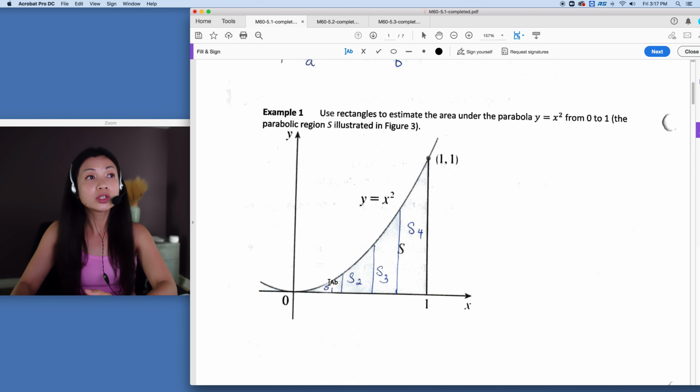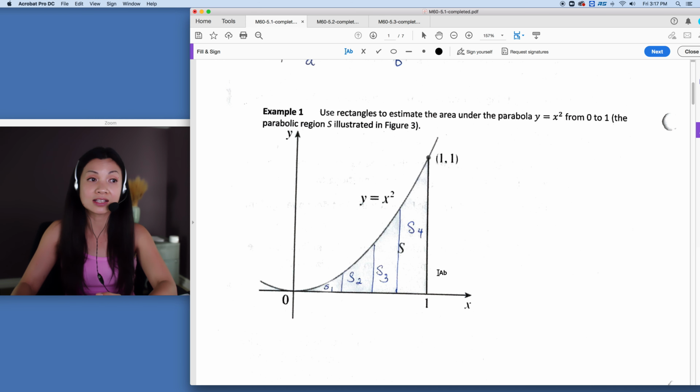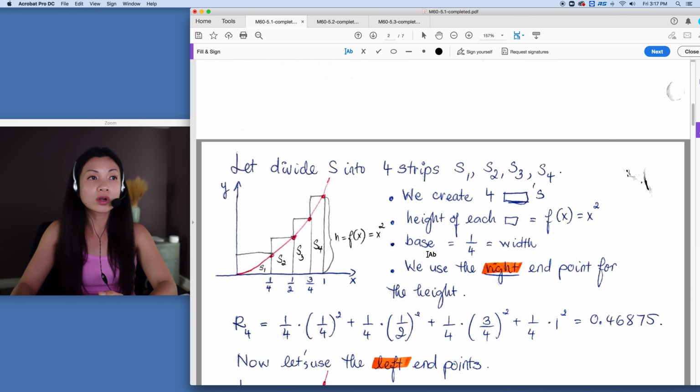I want to estimate this area and I want to use rectangles. So I have S1, S2, S3, and S4. We have 4 strips, and we create 4 rectangles.